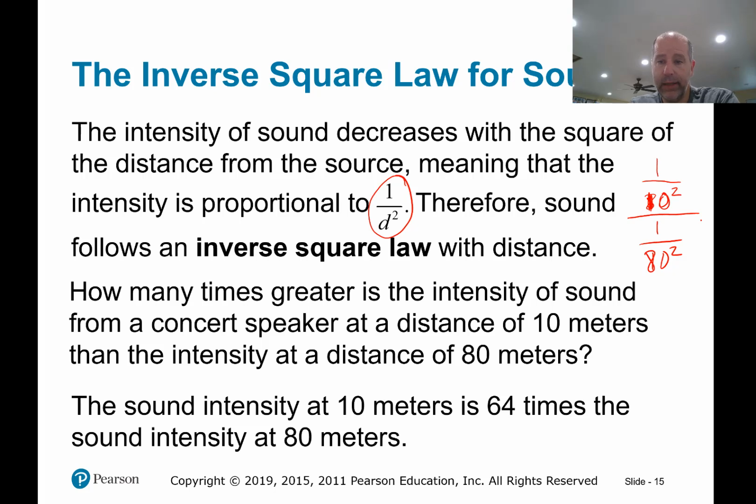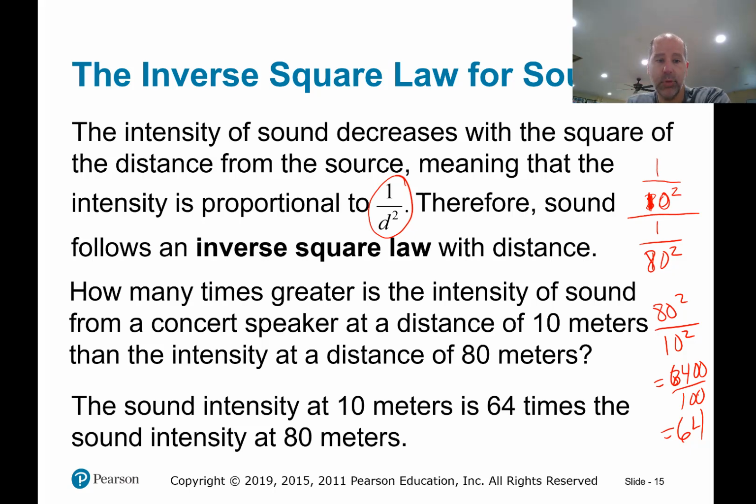So now if we simplify this, we actually get 80 squared over 10 squared, which gives us 6,400 divided by 100, which gives us our 64. Okay, so that's where the 64 comes from.